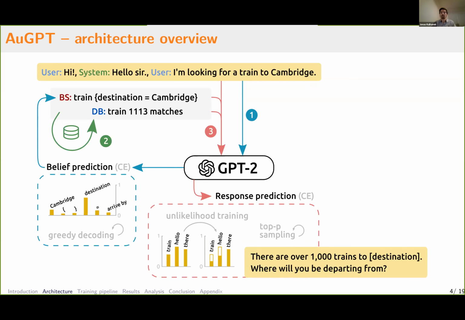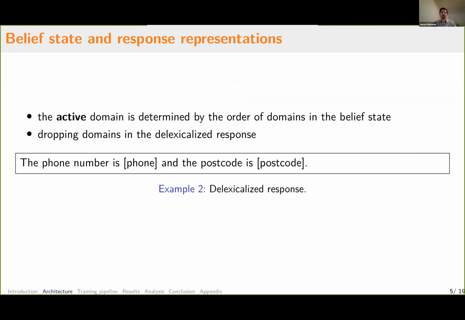And it means that we replace any concrete values like names of hotels and other values, etc., with some general tokens, like this one. This is the actual response generated by the model.